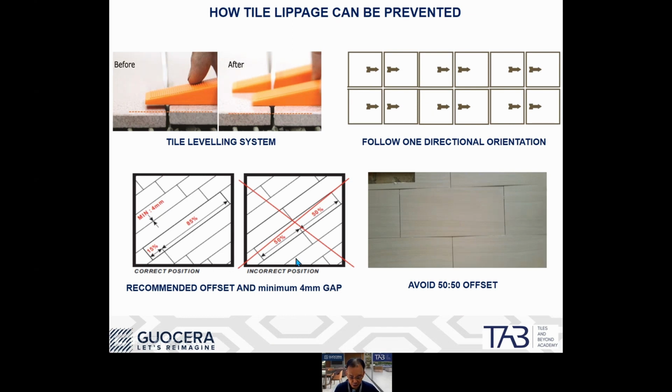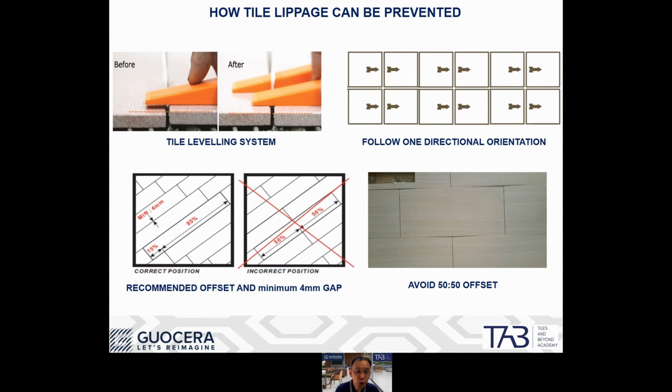Large rectangular format tiles normally tend to have a more obvious curvature because of the large size. So the laying pattern is very important. Instead of going for the 50-50 offset, it would be recommended to go for the 85-15 offset for those large rectangular tiles.